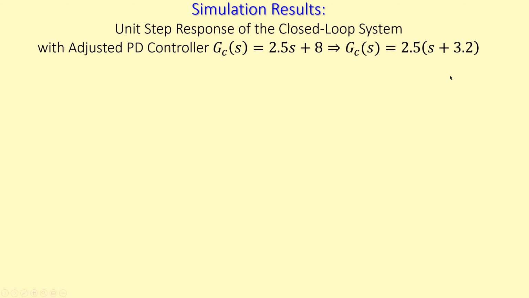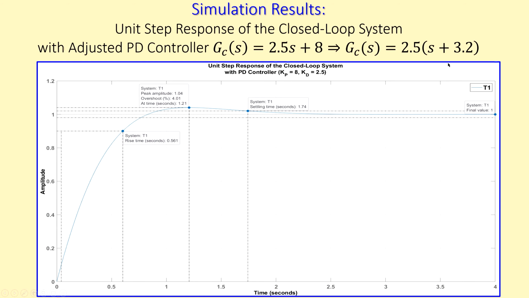That means the 0 is now moved from minus 4 to minus 3.2. That's actually what you see here. And this is a unit step response, and I have just called it T1.